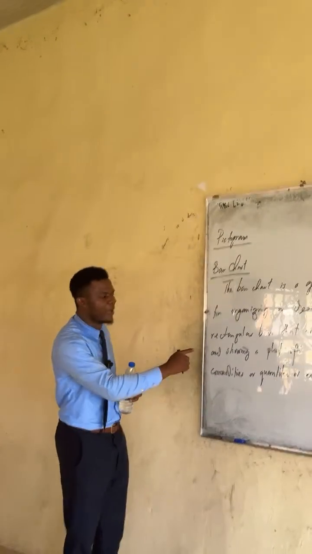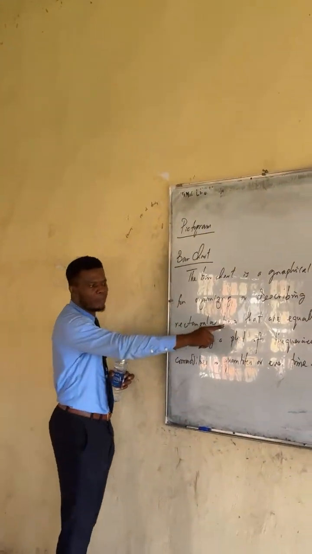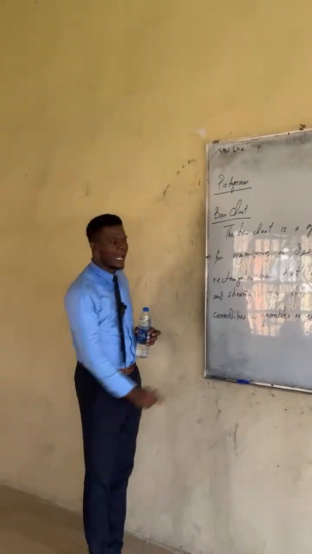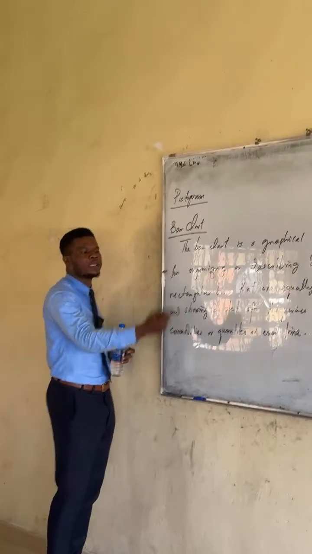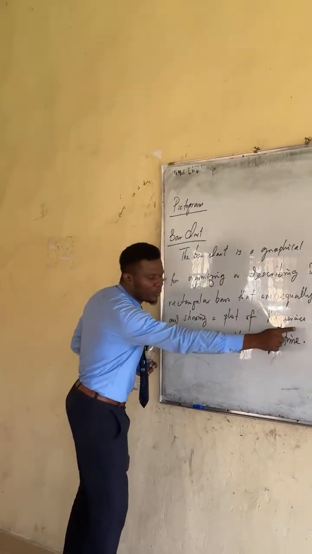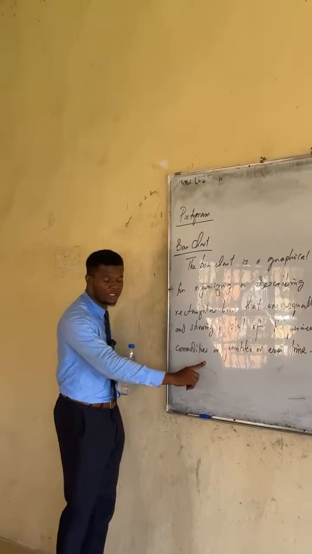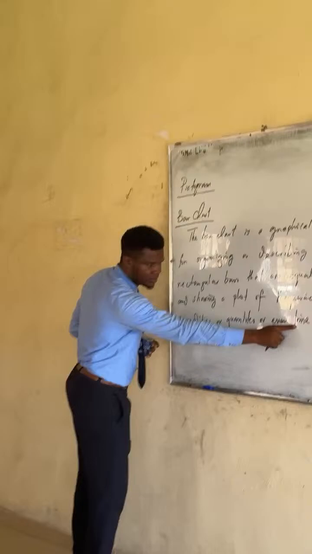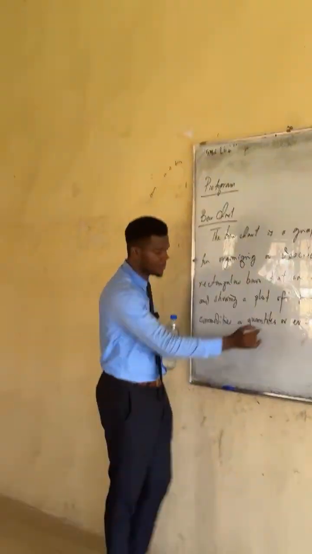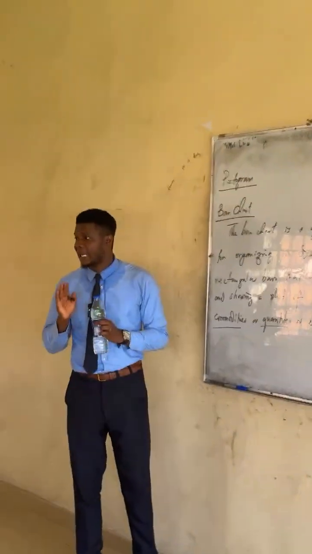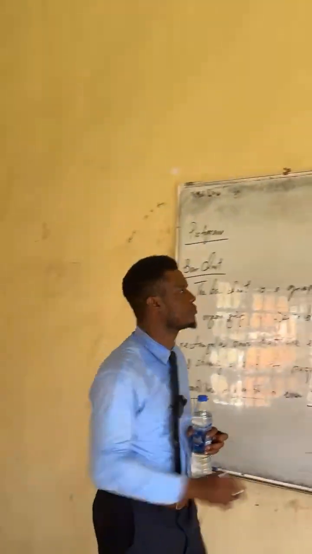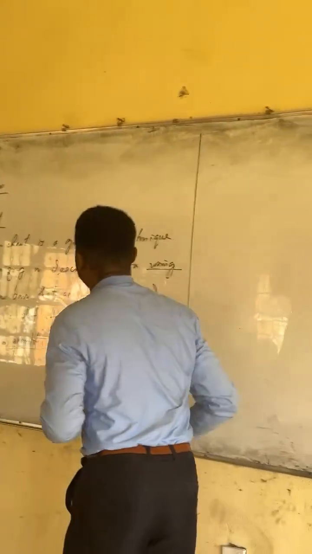It does it by using rectangular bars that are equally spaced, and that are showing a plot of frequencies against commodities. If not commodities, quantities. If not quantities, time. So it can be any of these. Is it clear? That is the first story we are going to say under the bar chart.